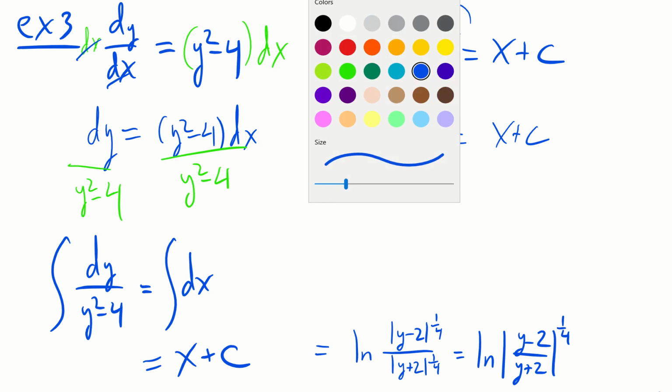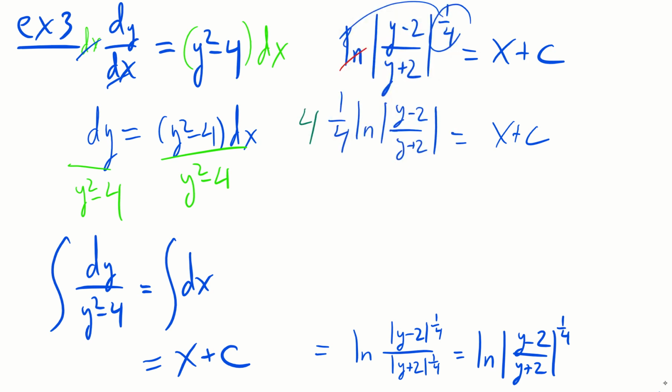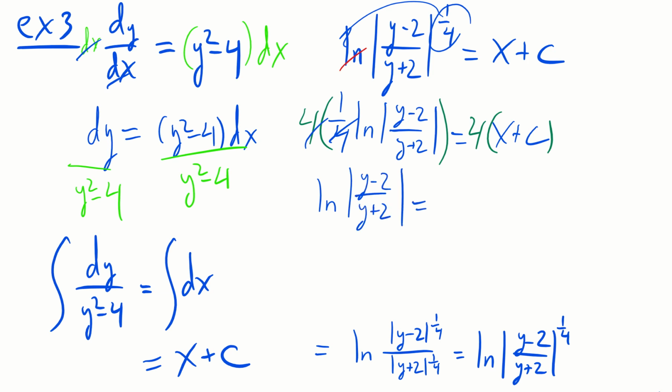If we multiply both sides by 4, that'll clear off that coefficient. So we get the ln of the absolute value of y minus 2 over y plus 2 equals, when I distribute this through, we've seen this a bunch of times now, 4x, and then 4 times a constant. I'm just going to write it as yet another constant.